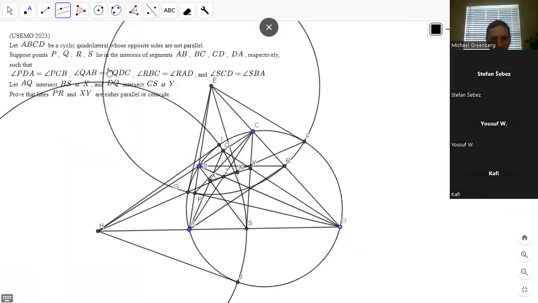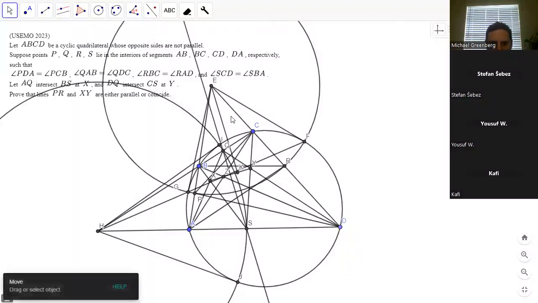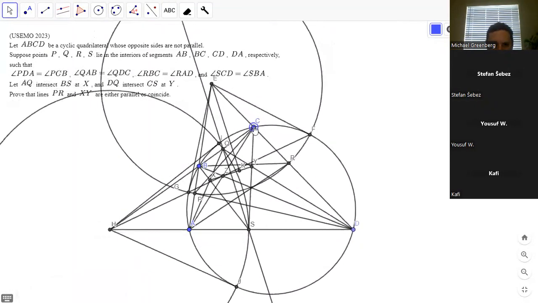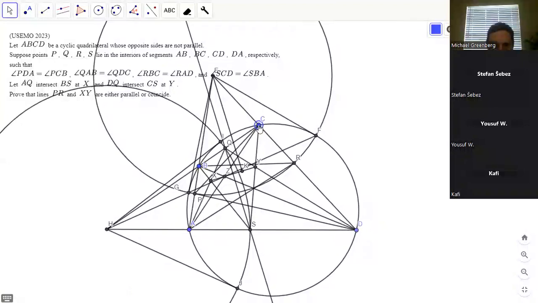Yeah. So it looks like QXSY is a kite. So if we could show that, it would solve the problem. So it's a kite.